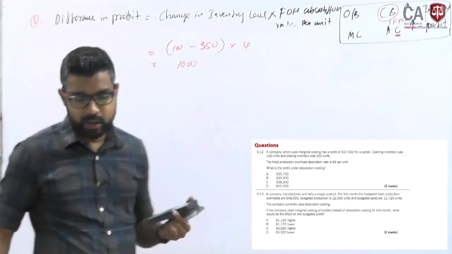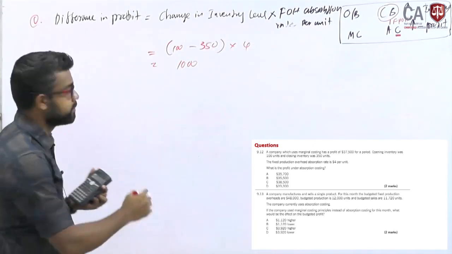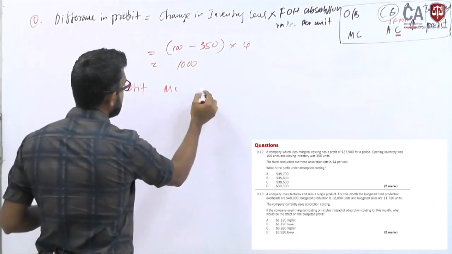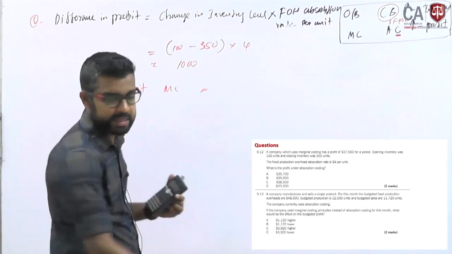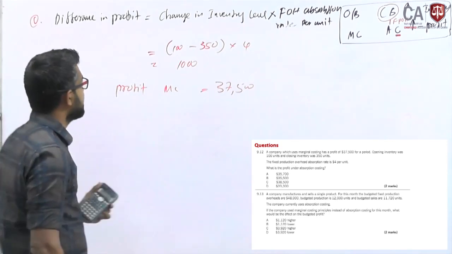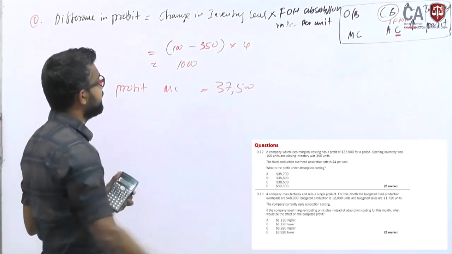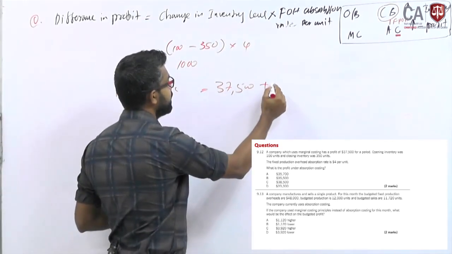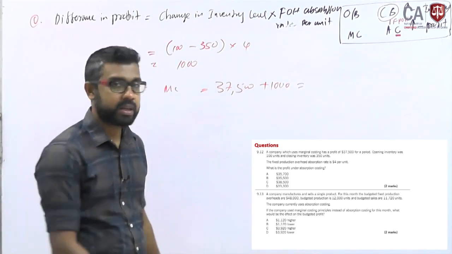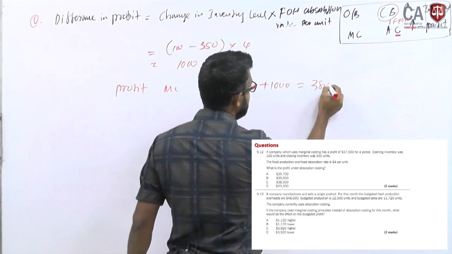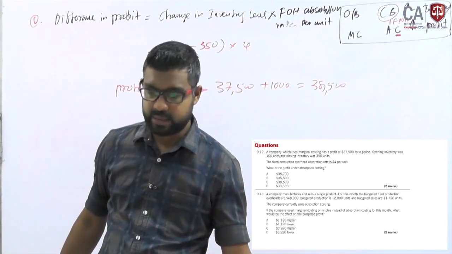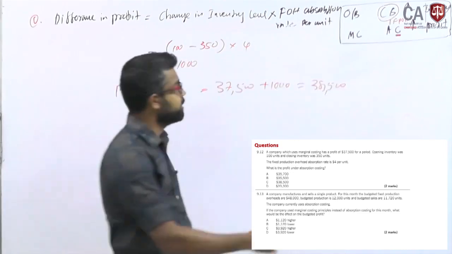They have given the profit under marginal costing, 37,500. Since the activity level has increased, absorption costing profit should increase by 1,000. The answer is 38,500. This is the third or fourth question in the same format. The correct answer is C.